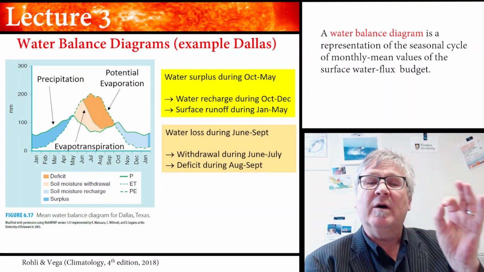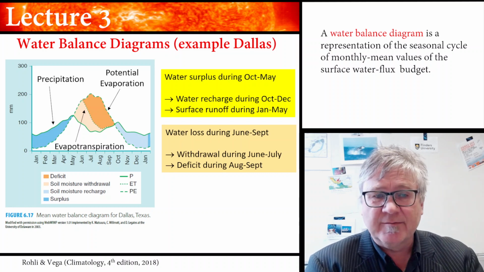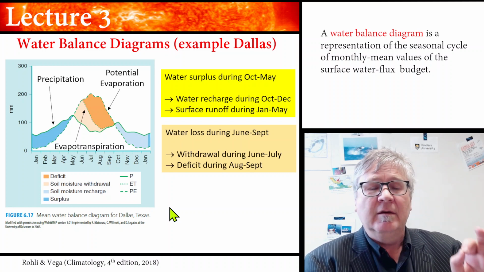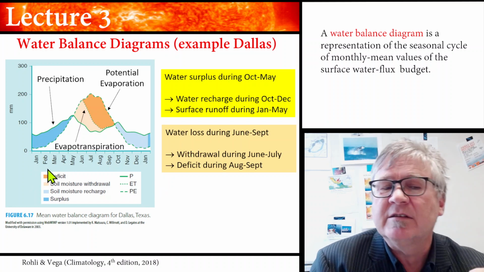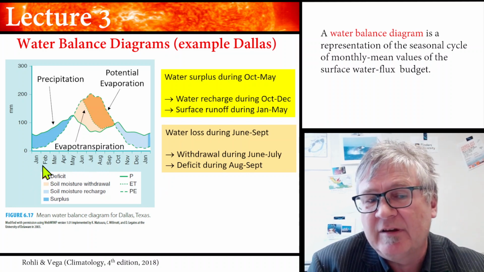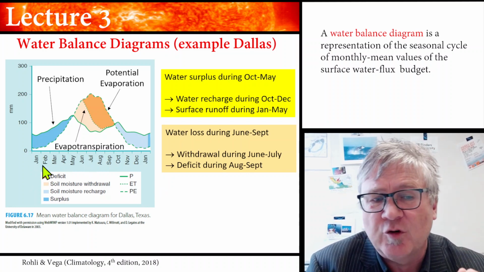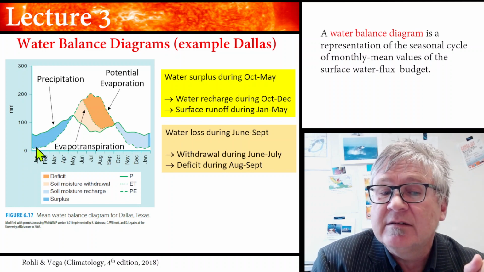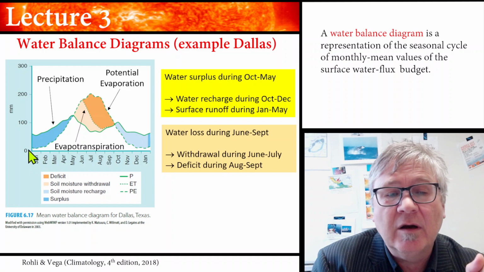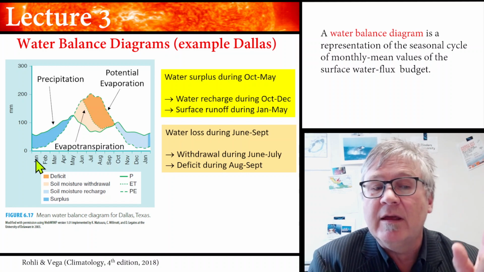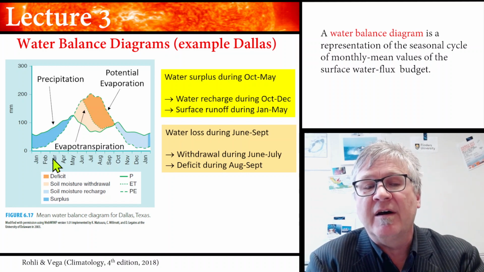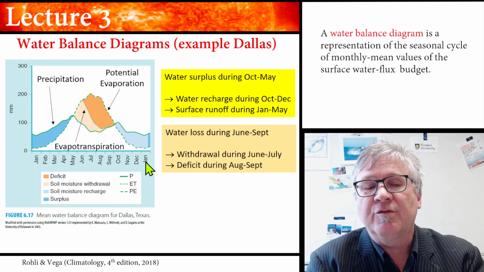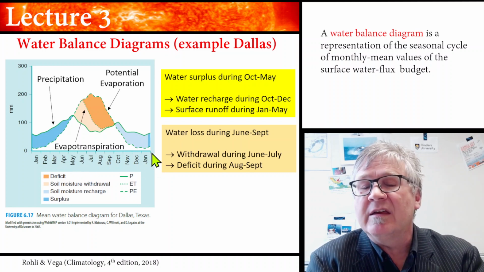This is one example for Dallas. It's a little bit more complex, so I want to spend a little bit of time on discussing what this graph shows. The horizontal axis is the months of the year: January, February, March, through to January again.